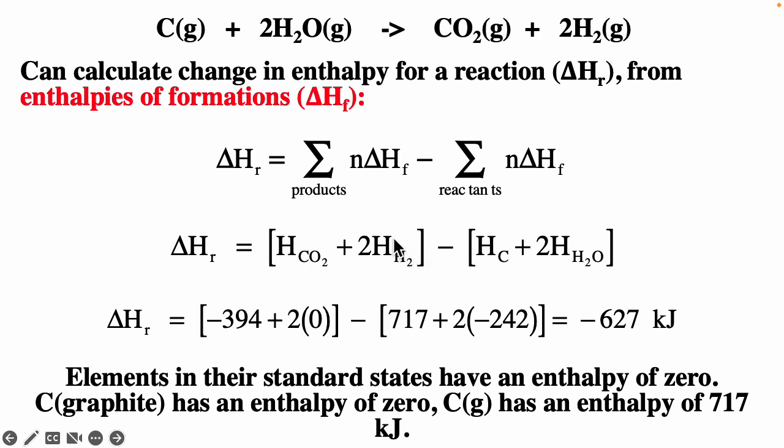Remember, elements in a standard state are 0, so the enthalpy of formation for H2 gas is 0. Remember, you also have to bring those 2's down. We do the calculation, and we get minus 627 kilojoules. That's going to be exothermic, and that's what we get for enthalpies of formation.